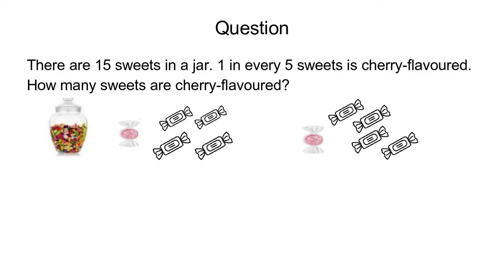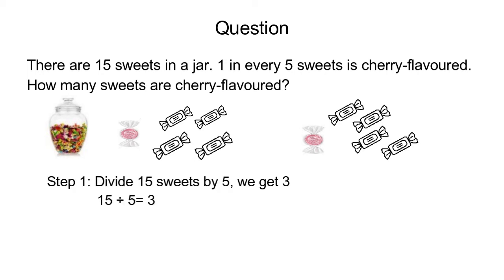It says, there are 15 sweets in a jar. 1 in every 5 sweets is cherry flavor. How many sweets are cherry flavor? So, to find out how many sweets are cherry flavor, first we divide the total sweets, that is 15 sweets, by 5.